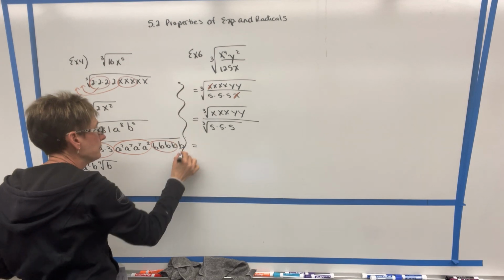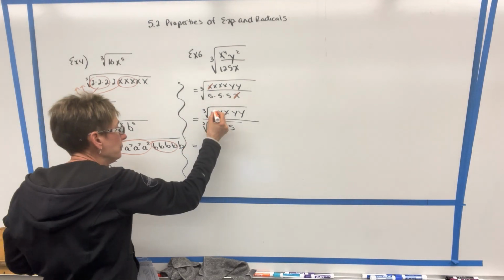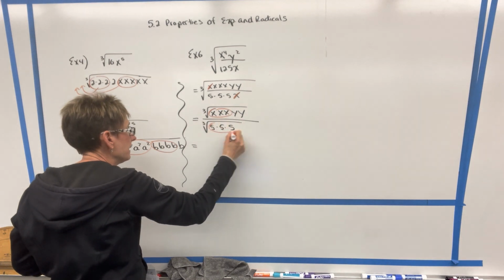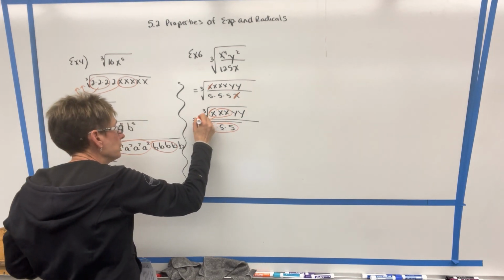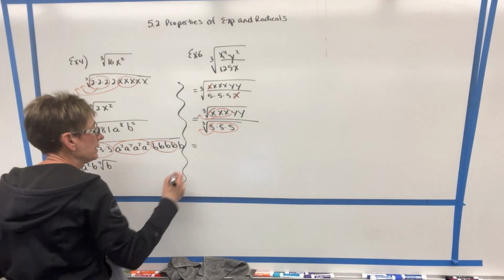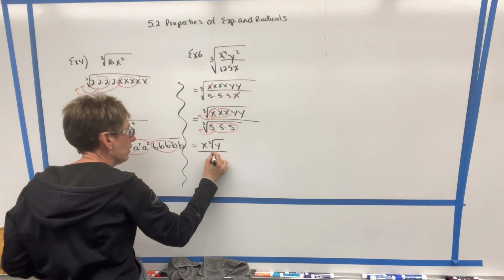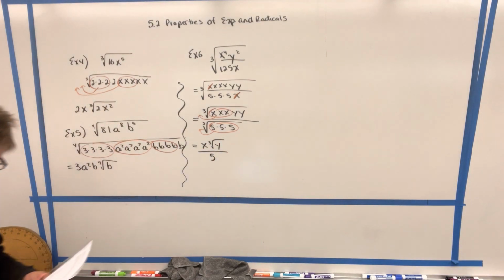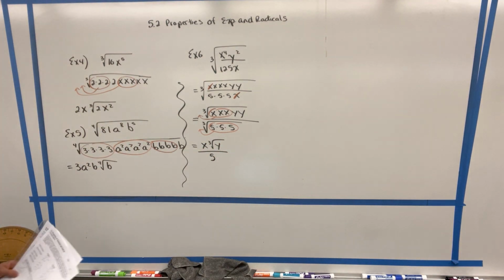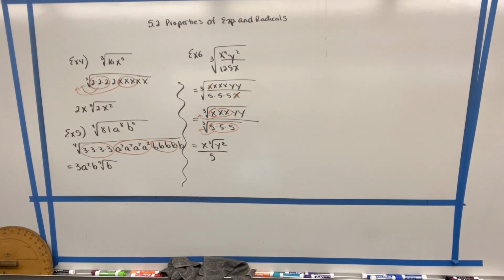And let me draw a line between these problems here. All right. Then again, I'm looking for groups of 3, so I can take out an x and a 5. Notice that the y's cannot come out because there's only 2 of them. So this is going to be x times the cube root of y all over 5. Oh, and excuse me, cube root of y squared, because there's 2 y's left.